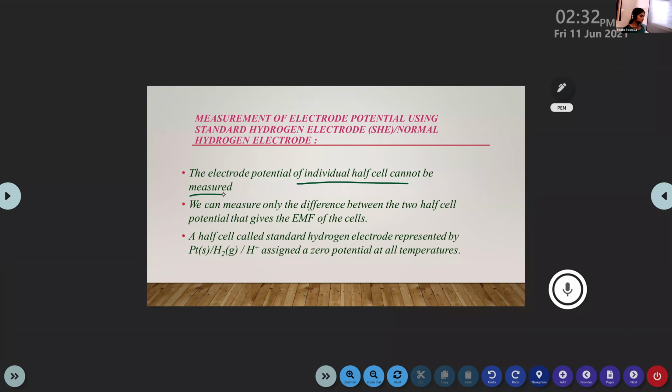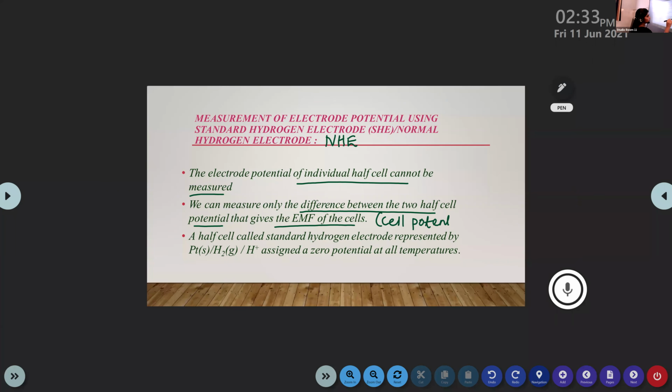For that, we are using the help of this standard hydrogen electrode, also known as NHE. We can measure only the difference between the two half cell potentials, which gives the EMF of the cell, or the cell potential. That's it.